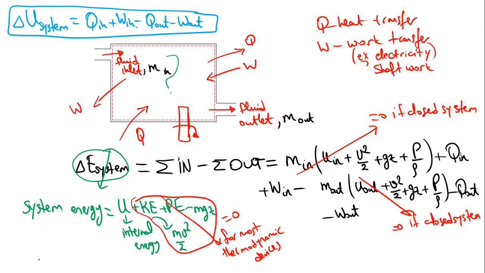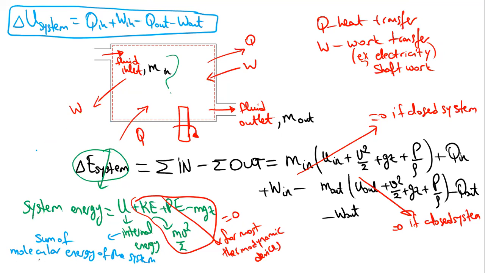When we say internal energy here, U means internal energy. Internal energy means the sum of the molecular energy of the system. For example, molecules are moving in random directions. During that motion, they can have translational motion because a molecule moves from one point to another.